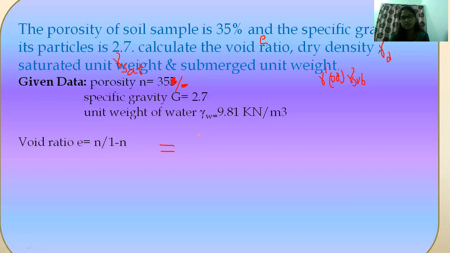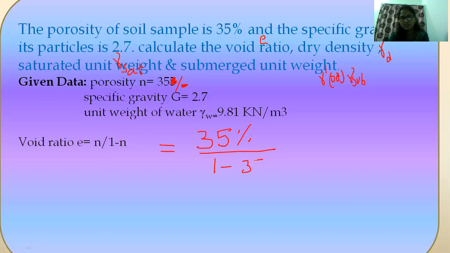e is equal to n, 35%, divided by 1 minus 35%.